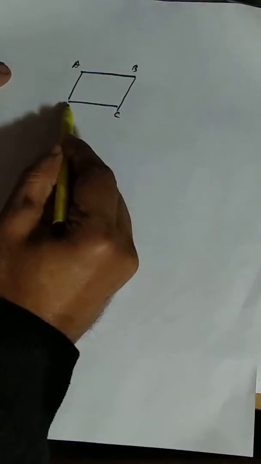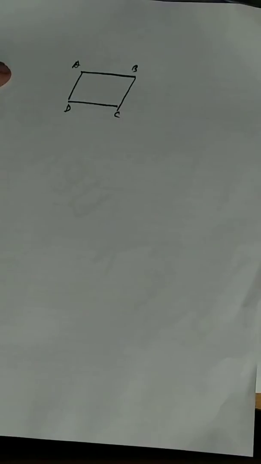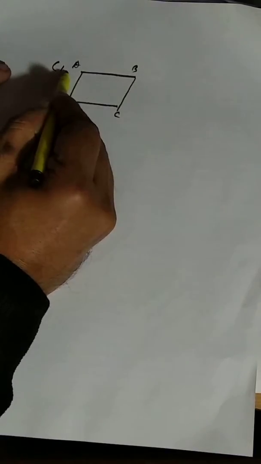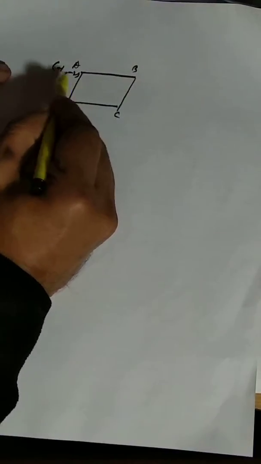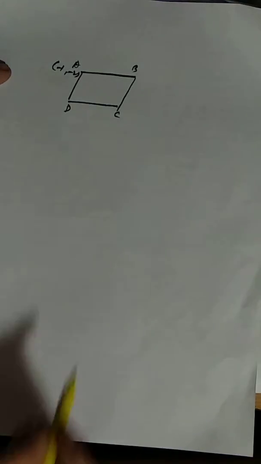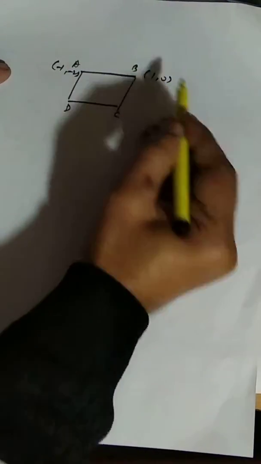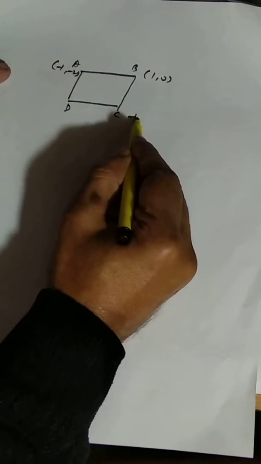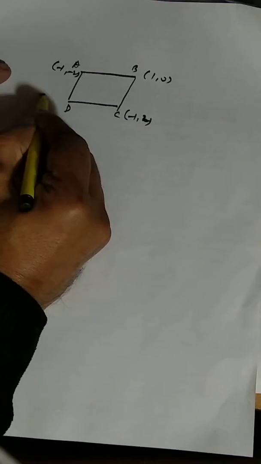If A, B, C, D are 4 points and you want to check whether these 4 points form a parallelogram or not, I take for example A coordinate -1, -2, coordinate of point B 1, 0, coordinate of point C -1, 2, and coordinates of point D as -3, 0.